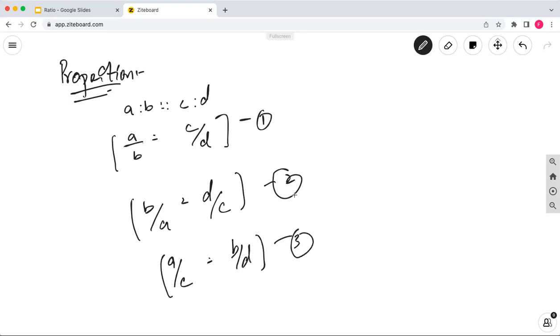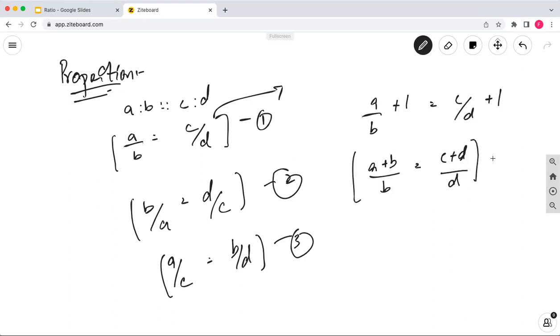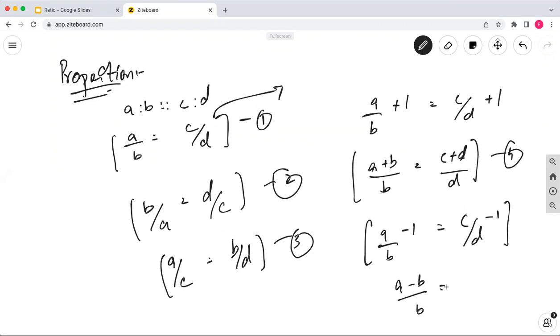And in the same way, if I add 1 on both sides, this will become A plus B over B is equal to C plus D over D, right? And if I subtract 1 on both sides, this will become A minus B over B is equal to C minus D over D, right?